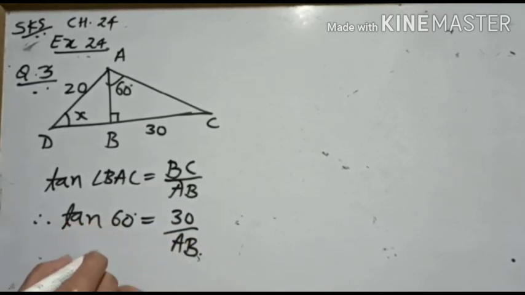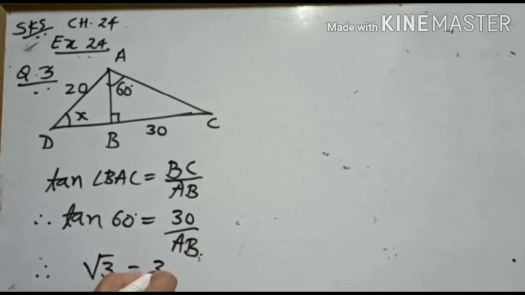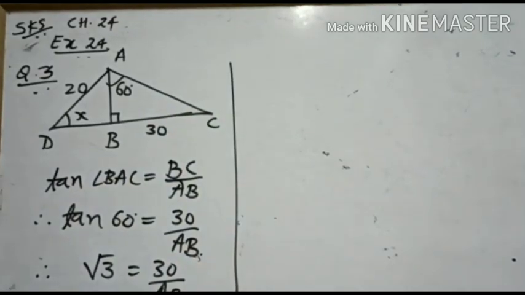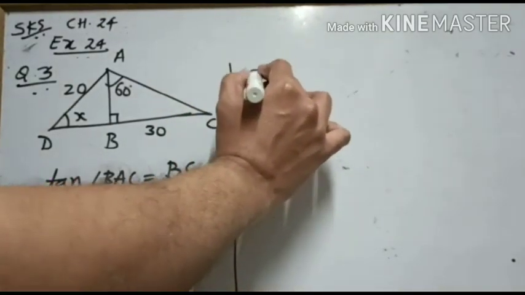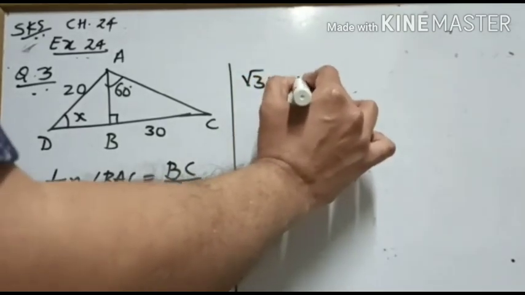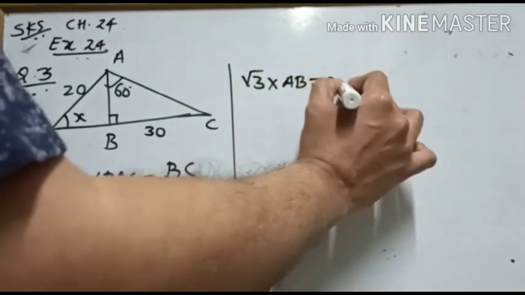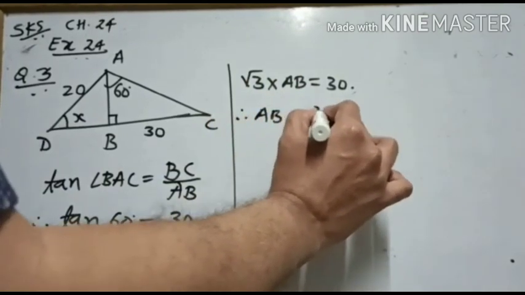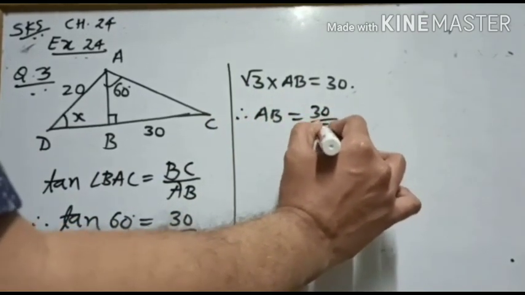So tan 60, which is root 3, is equal to 30 upon AB. Now root 3 into AB, AB was in the denominator, I have brought it on the other side as numerator. So AB will be equal to 30 upon root 3.